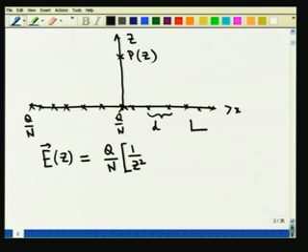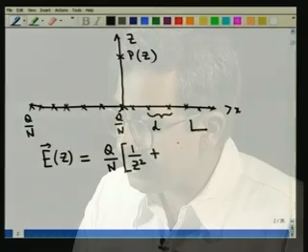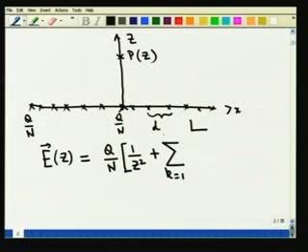Then I was interested in the fields produced by the charges which are to the right and to the left of the origin, which I wrote as summation k equal to 1 up to some m, which is simply given by n minus 1 by 2. Then I had q by n, which of course comes here because each of them carries a charge q.